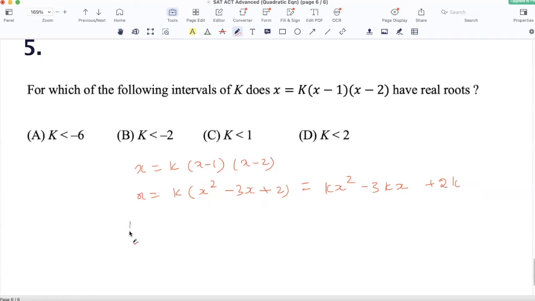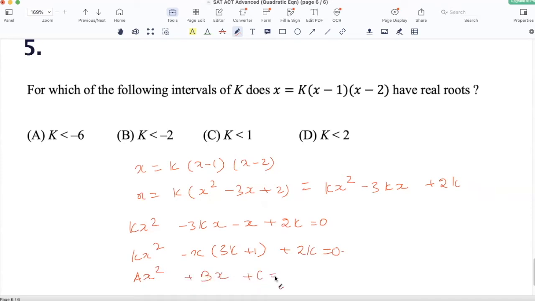So I get kx squared minus 3kx minus x plus 2k is 0. So kx squared minus x times (3k plus 1) plus 2k is 0, right? So now I have it in the form of ax squared plus bx plus c is 0, right?